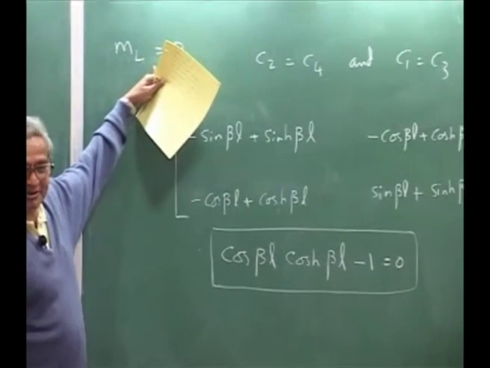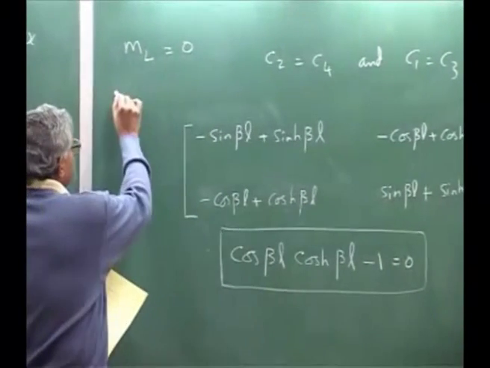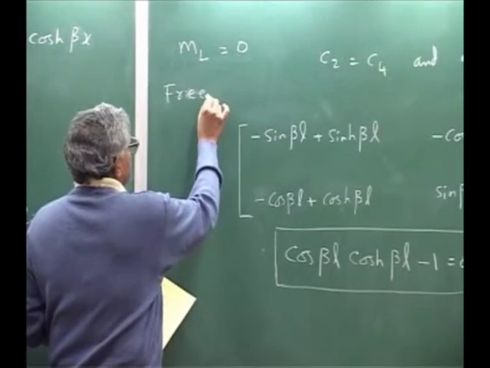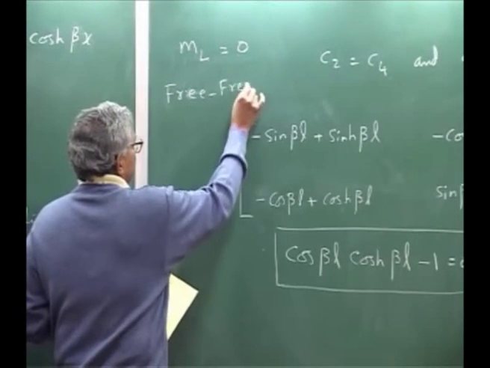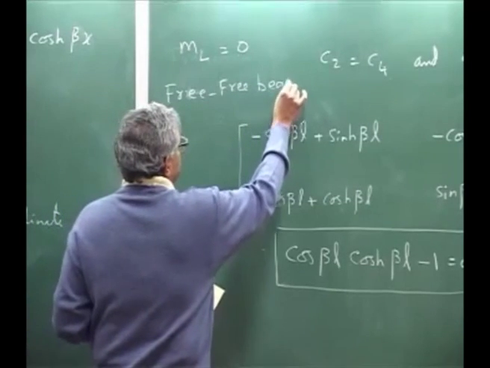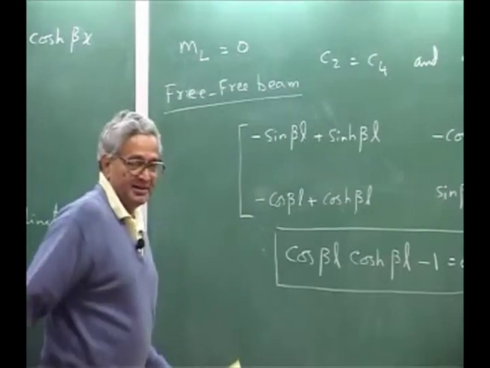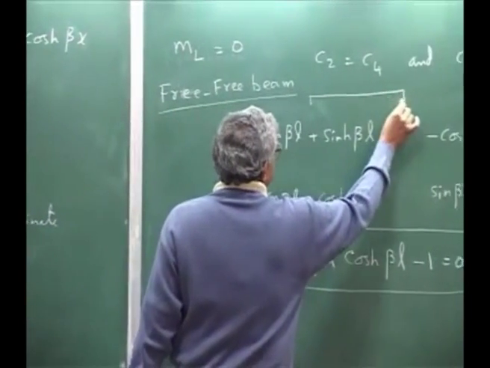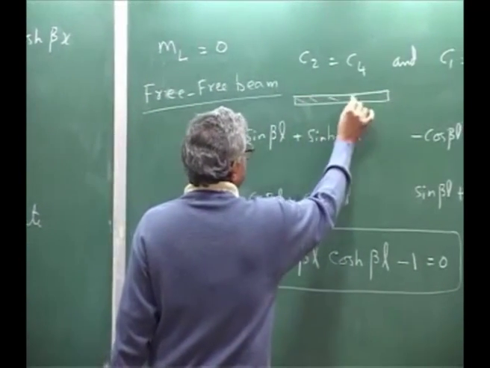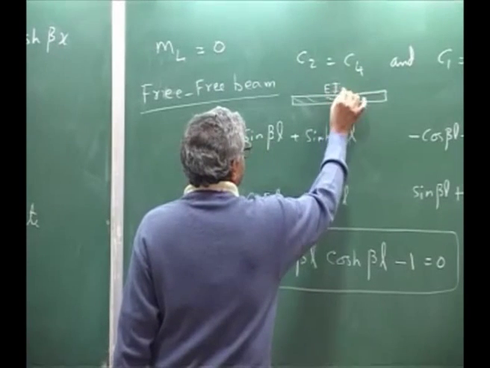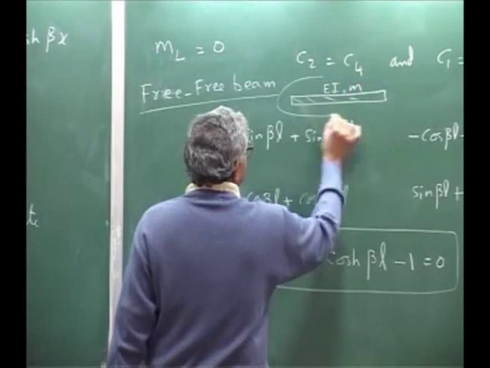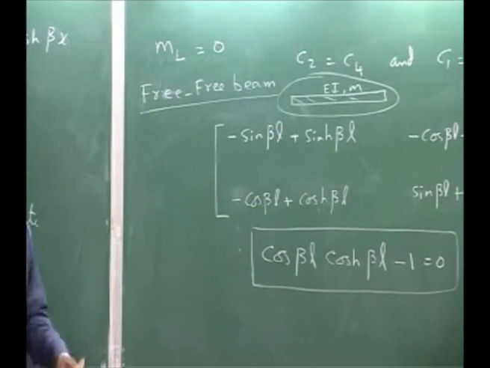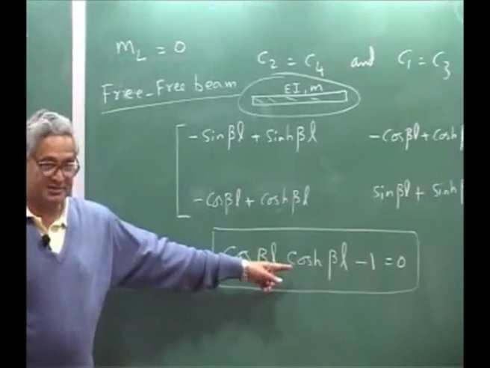Now the solution is for a free beam. Free beam is just this beam. How will this vibrate? EIM. That's all. We have done this problem. Simple. Solution of this.